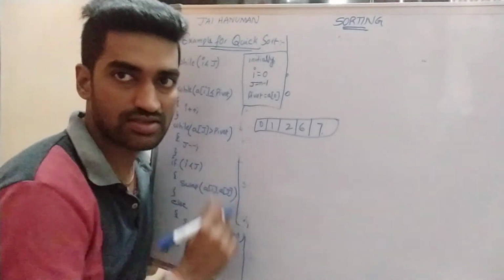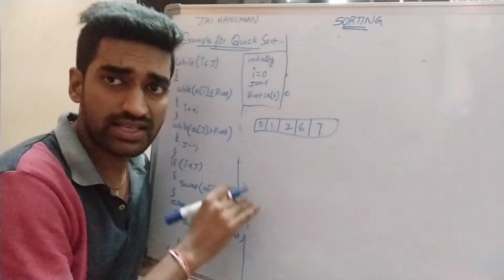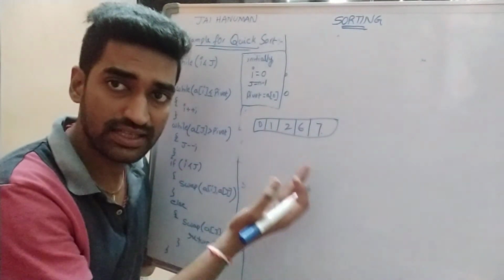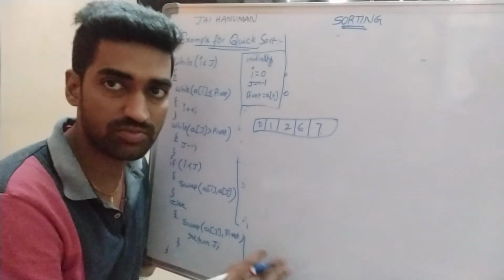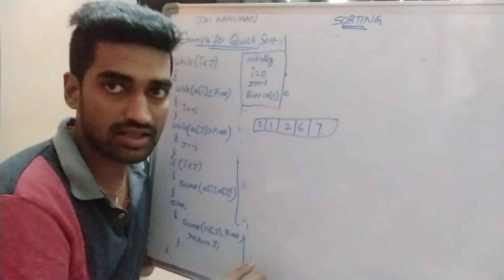So this is the sorted array, right? So this is about the quicksort mechanism, right? So in the quicksort mechanism, the pivot element can be the starting value or ending value or any value. You have to take any position. So according to my consideration, I am taking the pivot element as the starting position, right?